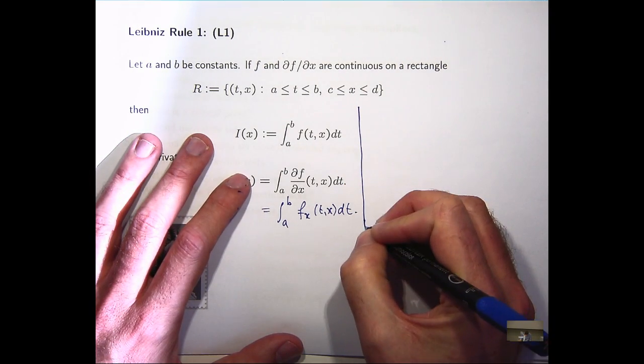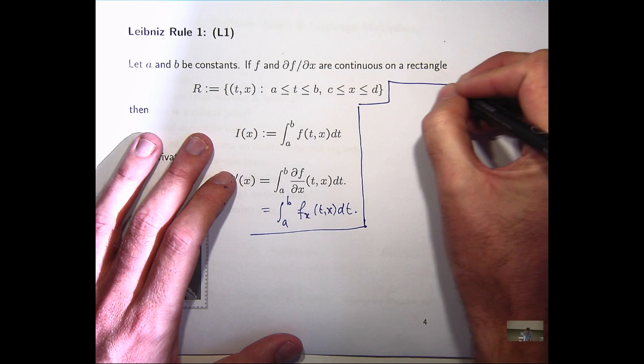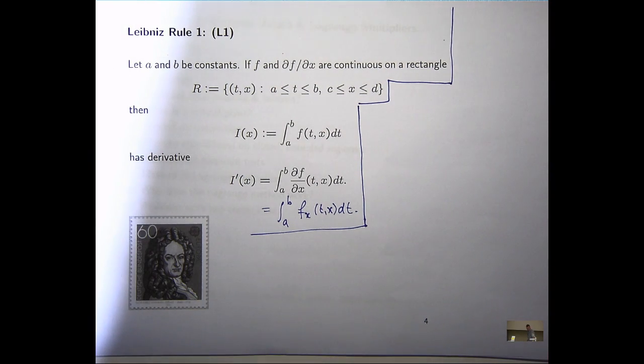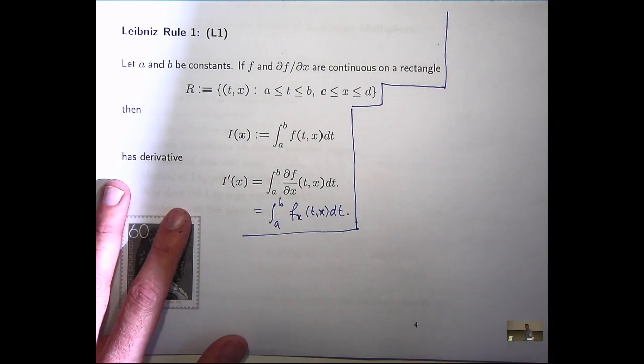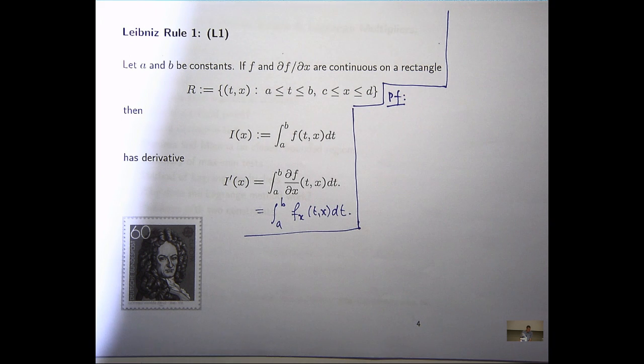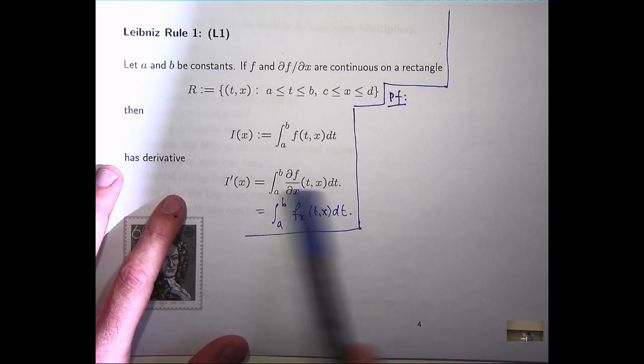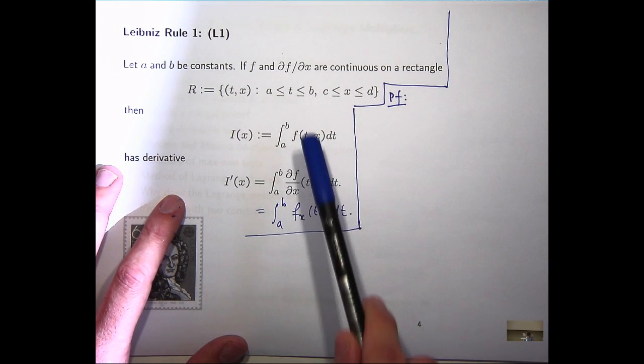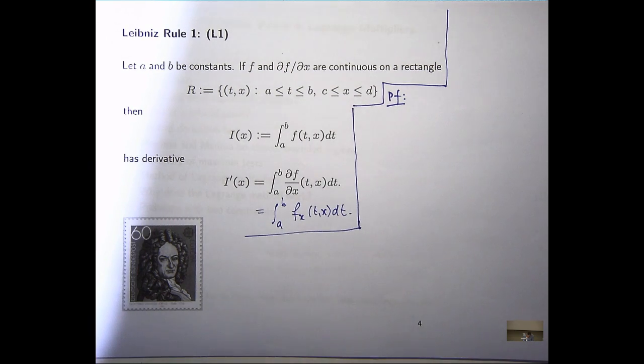So let me see if I can squeeze in a proof. PF stands for proof. So what I'm going to do is start with this and then show that it's the derivative of this. That's all I'm doing.